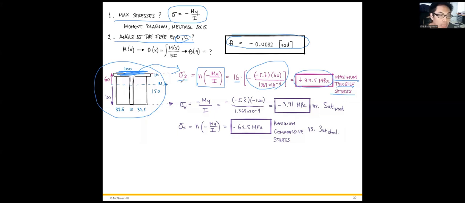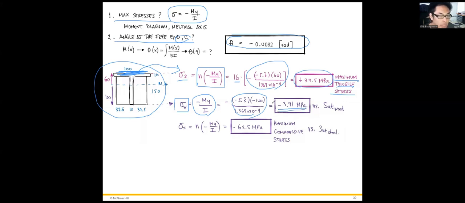The bottom part is a composite of two materials, wood and steel. For the stress of the wood, we still use the same equation, plug all these numbers in, and we get minus 3.9 megapascal.